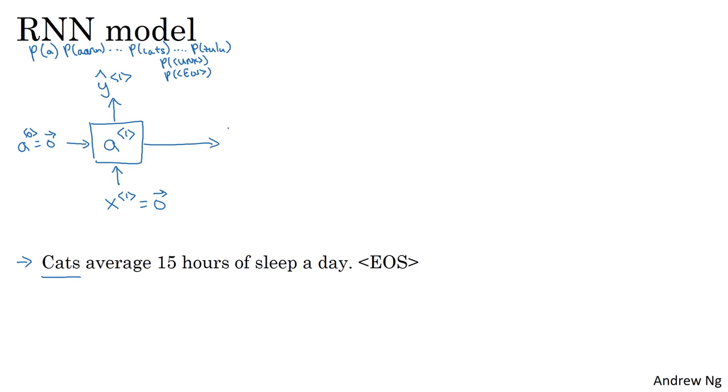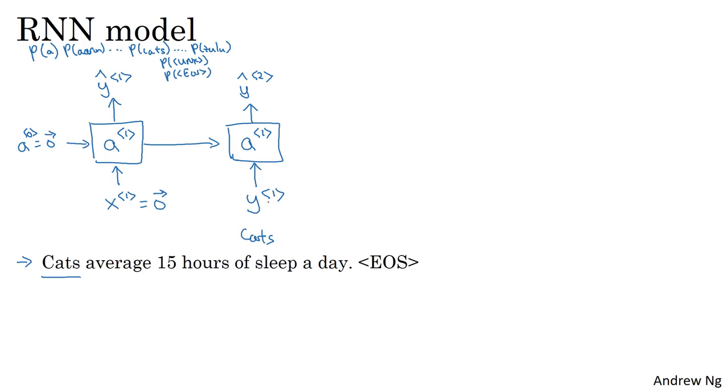Then the RNN steps forward to the next step and has some activation A2 at the next step. And at this step, its job is to try to figure out what is the second word. But now we will also give it the correct first word. So we'll tell it that, gee, in reality, the first word was actually cats, so that's y1. So tell it cats.